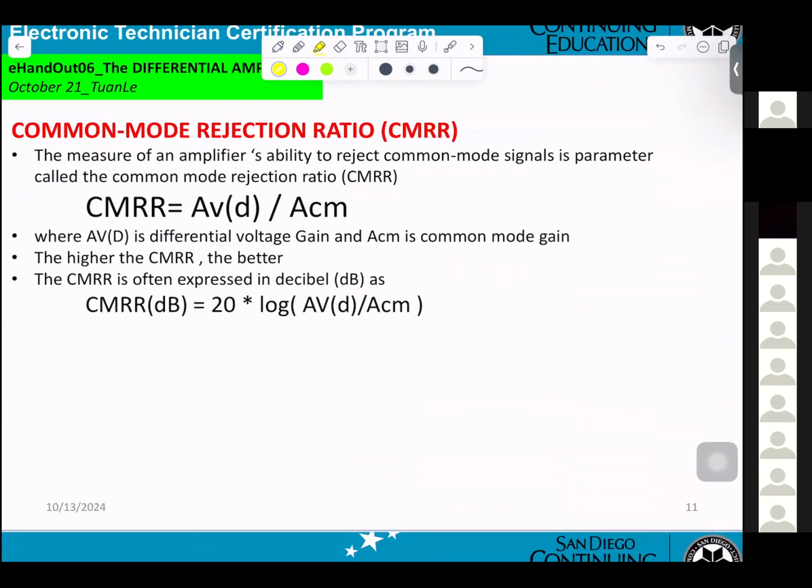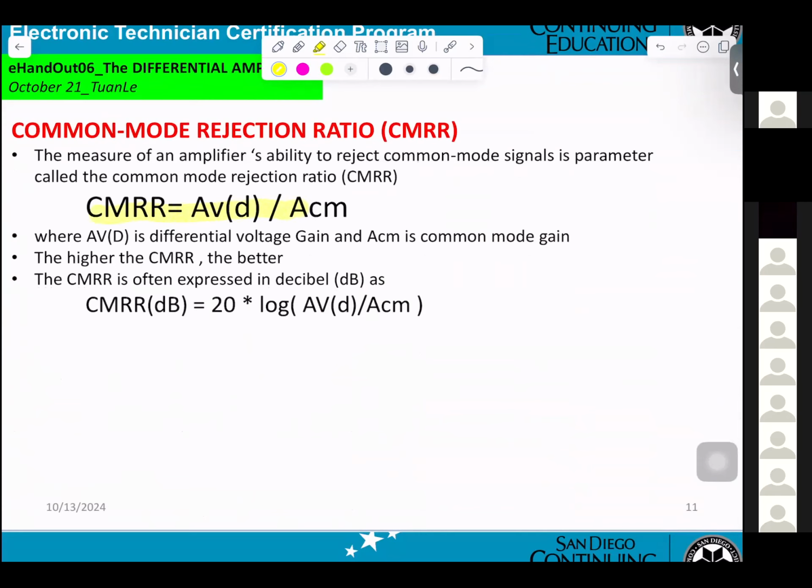Common mode rejection ratio, CMRR. The measure of an amplifier's ability to reject common mode signal is a parameter called the common mode rejection ratio.